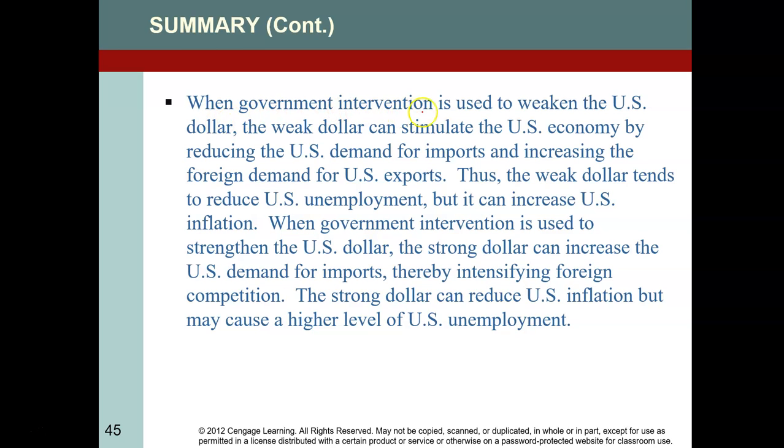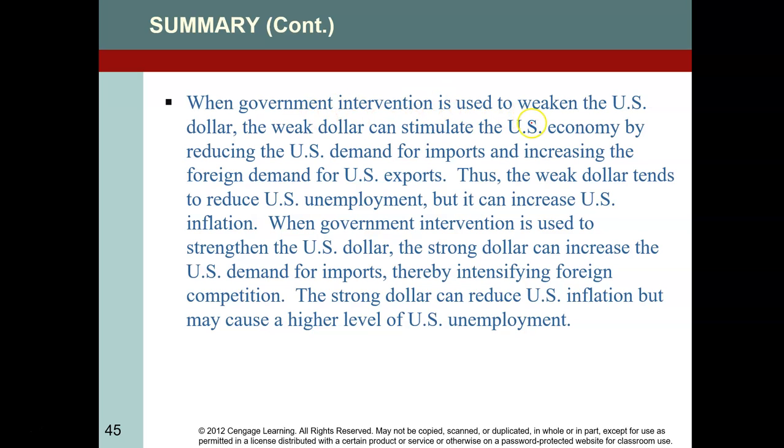When government intervention is used to weaken the US dollar, the weak dollar can stimulate the US economy by reducing US demand for imports and increasing the foreign demand for US exports.